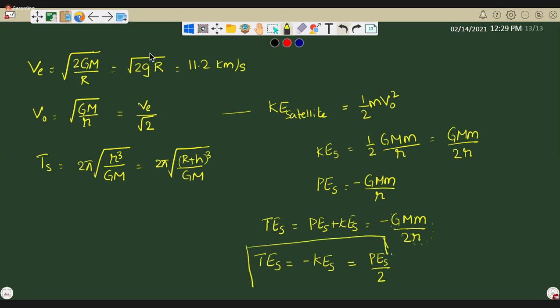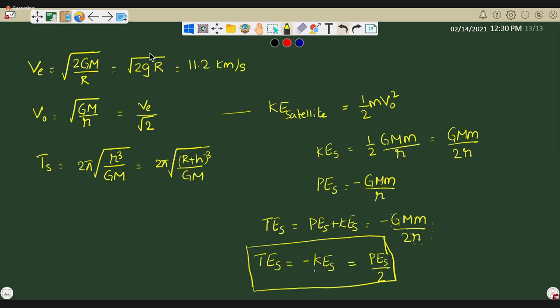We will be using this formula in electric fields, moving charges, magnetism, magnetism in matter, atomic physics, also atoms will use the same formula. Understood? Anywhere in your physics, total energy of the system for rotating systems is potential energy by 2 or minus kinetic energy.